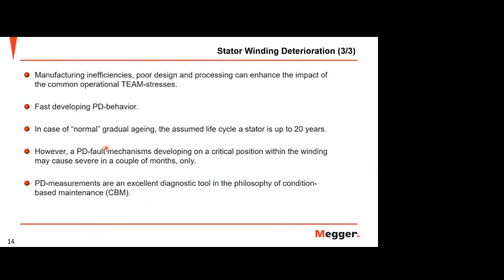The assumed life cycle of a stator bar is actually up to 20 years. However, because a PD fault mechanism developing at a critical position within the winding may cause a separate failure only, PD measurement is an excellent diagnostic tool to monitor the stator winding condition and fits perfectly in the philosophy of the condition-based maintenance or CBM program.